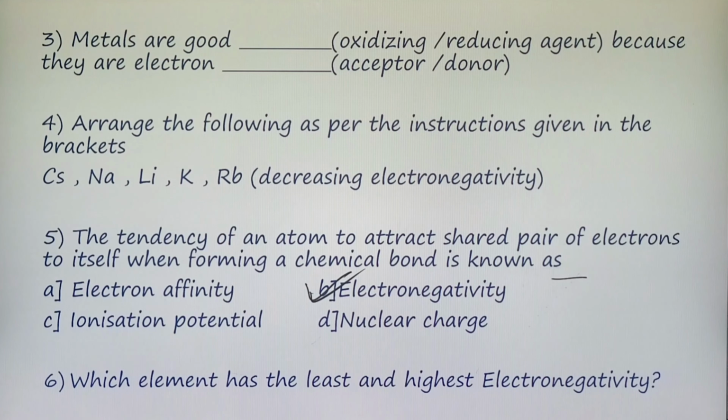Yes or no? Left to right. So noble gases do not have any electronegativity. So it is fluorine. Which element has the highest electronegativity? It's fluorine. Which has the least electronegativity? It is going to be cesium. Am I clear? So highest electronegativity is for fluorine and the least electronegativity is going to be for cesium.